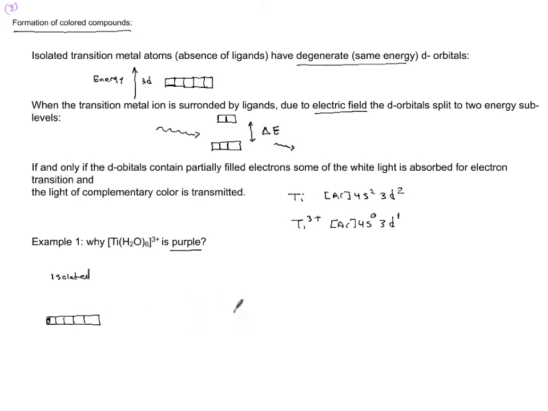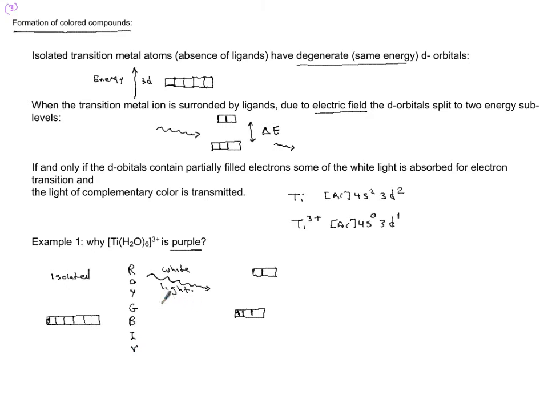When the ligands approach, you're going to split into 2 energy levels. Now the electron is sitting here. Now white light comes through. Remember, white light has all the frequencies, all the colors: you have red, orange, yellow, green, blue, indigo, and violet.